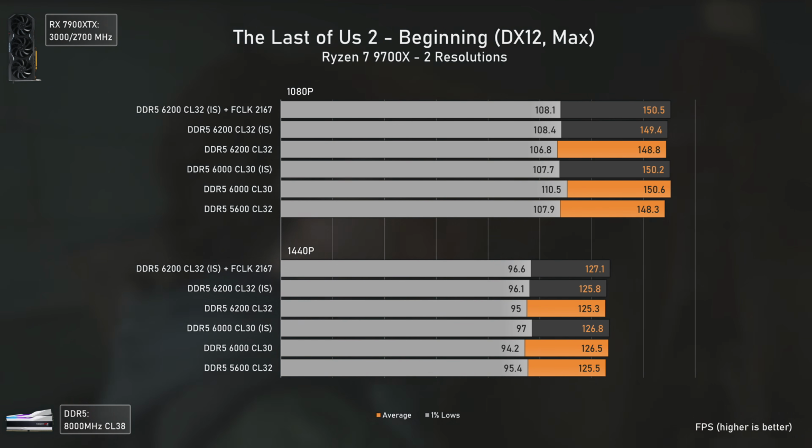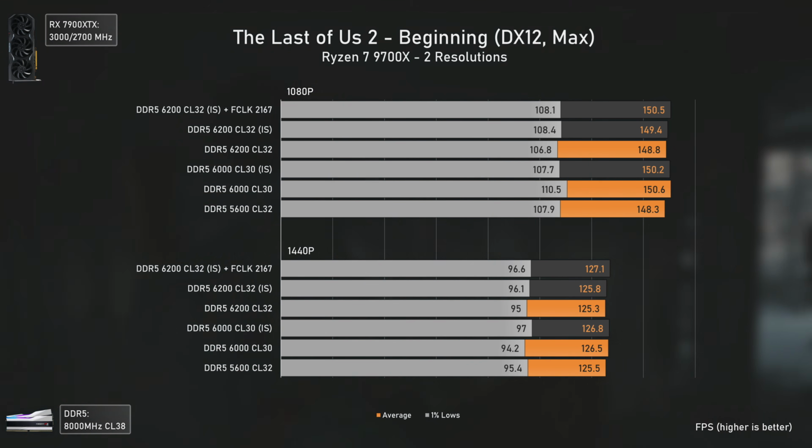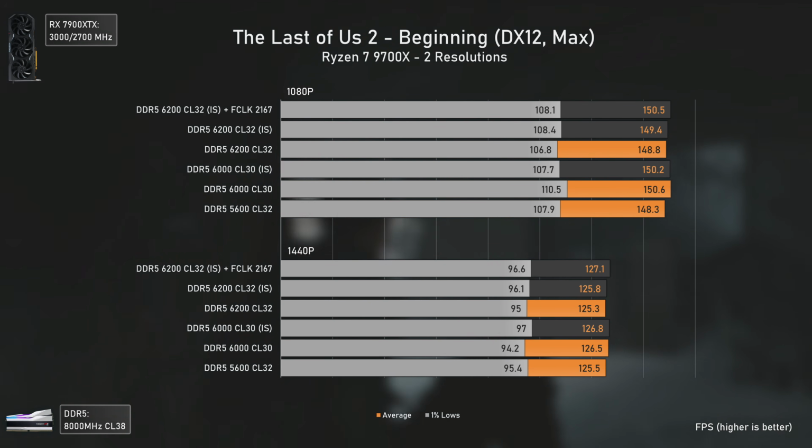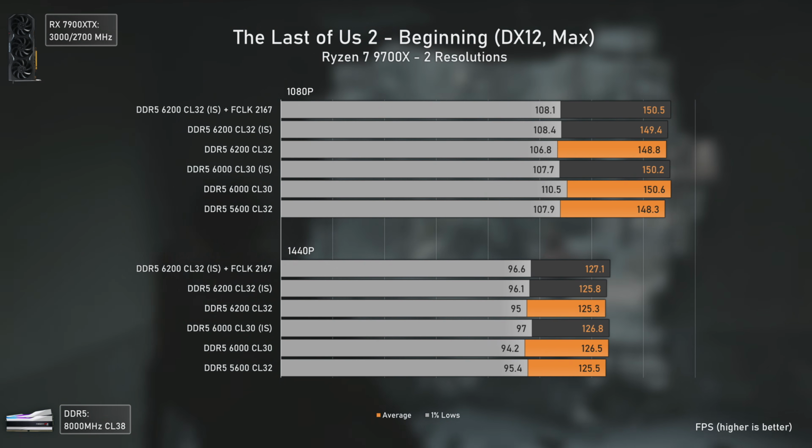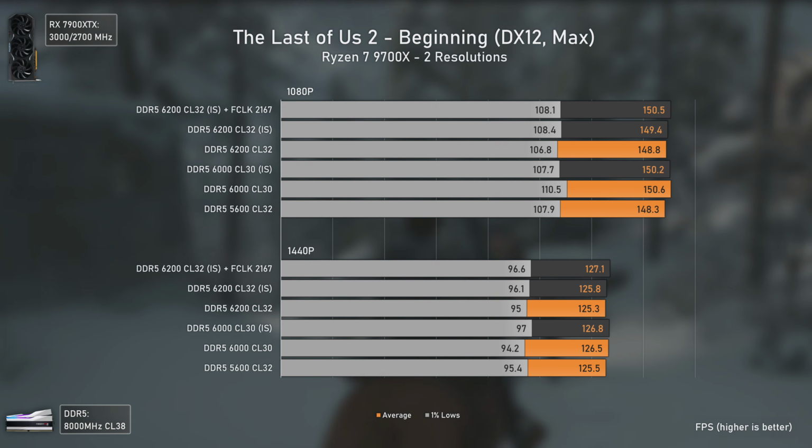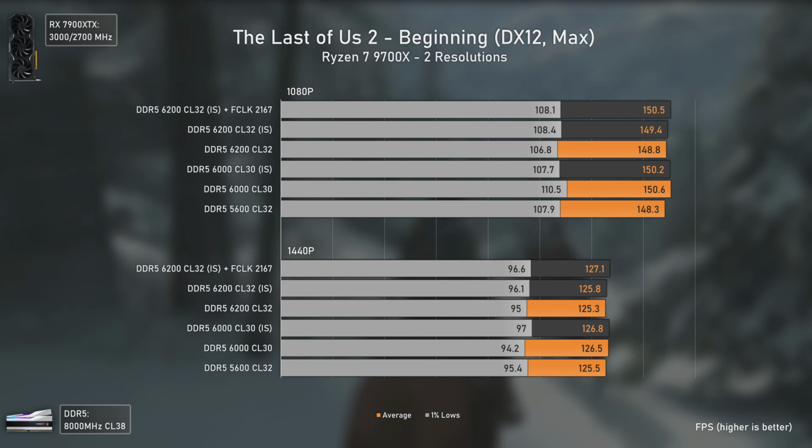The Last of Us Part 2 is another CPU-intensive title that gets GPU bottlenecked even at around 150 FPS, which is way more than most people will use for single-player games, especially if not using frame generation, which kind of ignores the CPU bottlenecks.